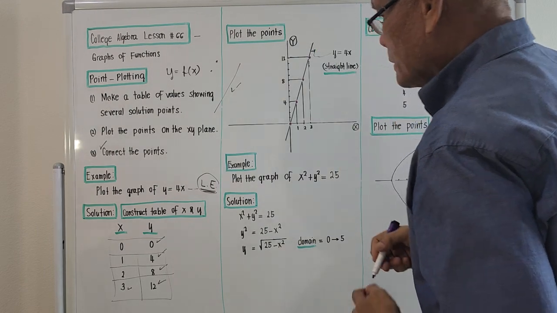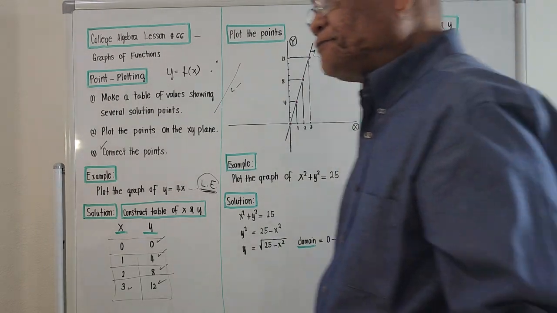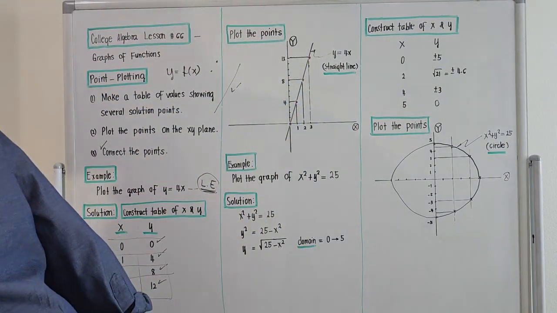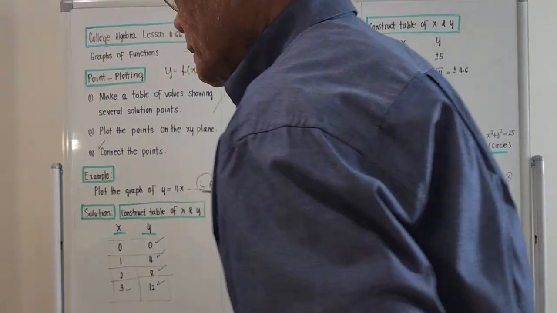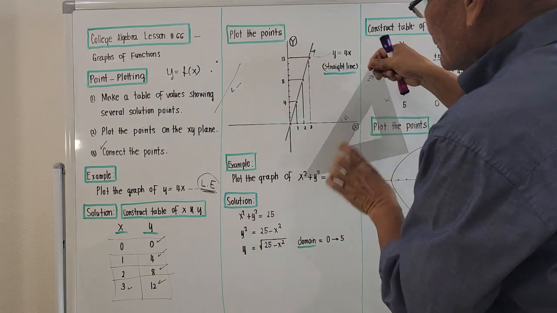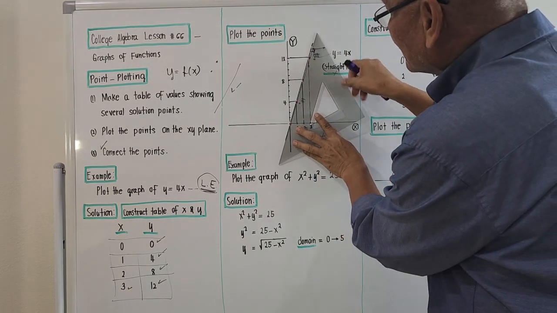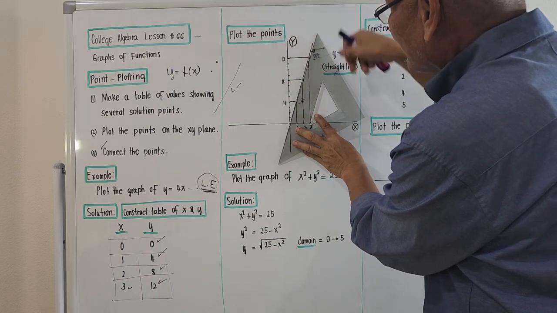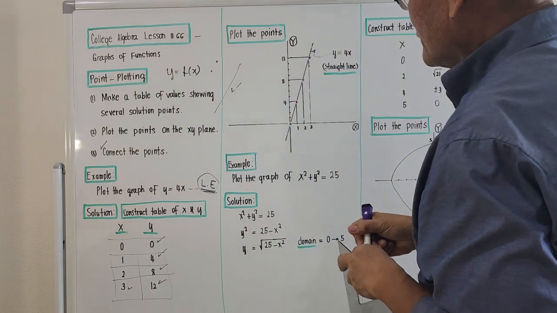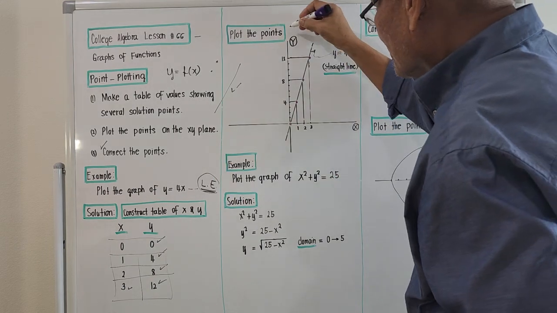It is this. So to plot the graph, get a straight edge. So you connect all the points, you do like that. So what comes out is actually the graph of the required equation.